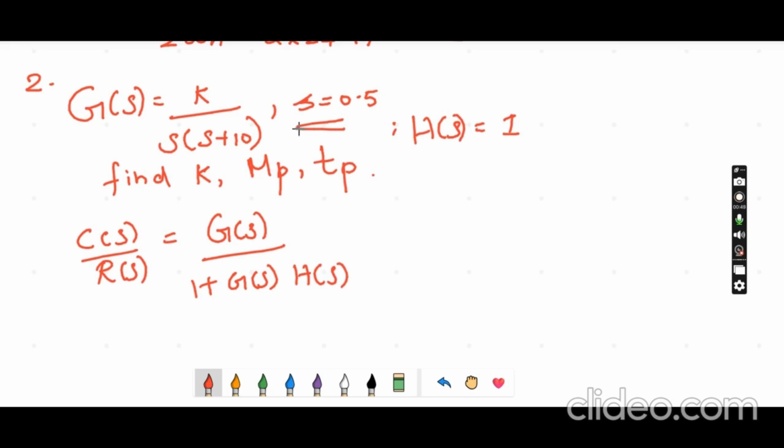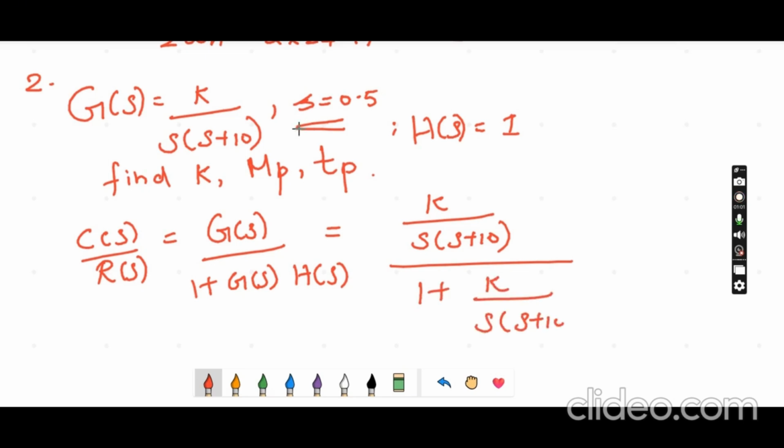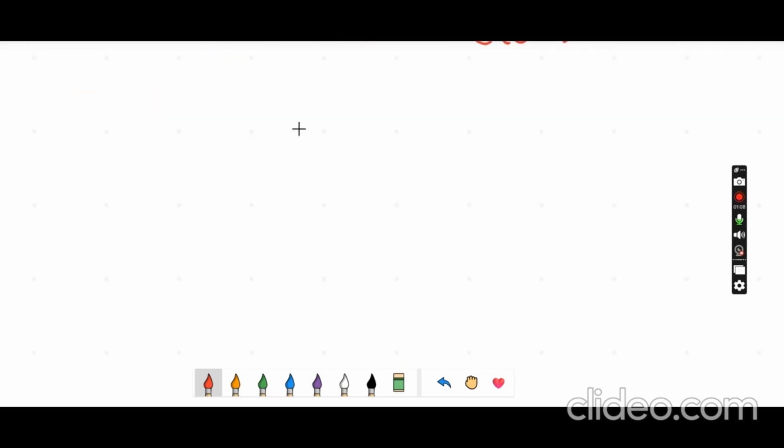Let me substitute the values available: K divided by s into (s plus 10), divided by 1 plus K divided by s into (s plus 10) multiplied by 1. If we solve the above equation, we will get K divided by s square plus 10s plus K. That is the final equation we are getting.